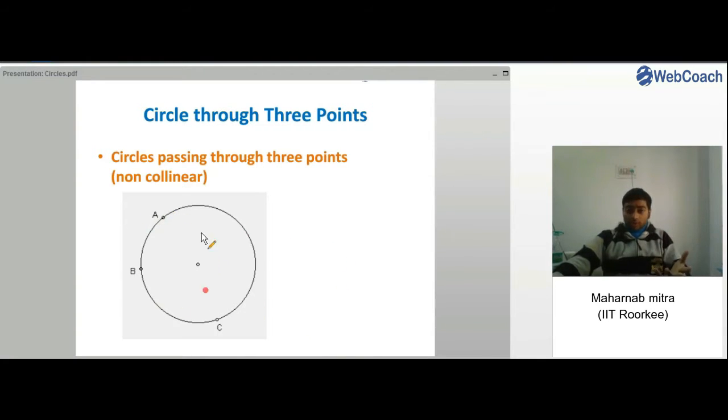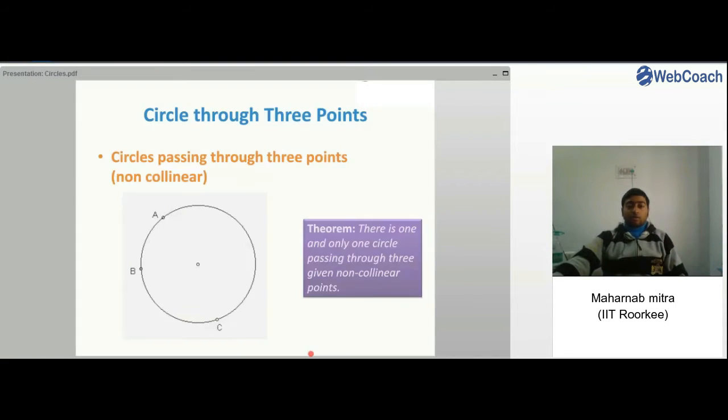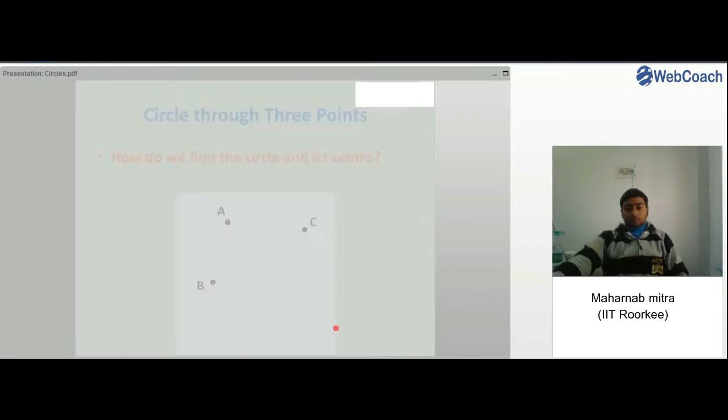And we will now find out how to draw this circle, or how to find the center of the circle and the radius, so that we can draw the circle very easily. So let us try it out. But here we can take this concept as a theorem. There is one and only one circle passing through 3 given non-collinear points, right? This statement can also be taken as a theorem.